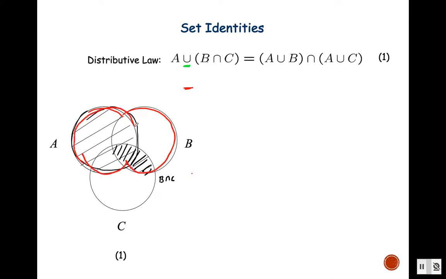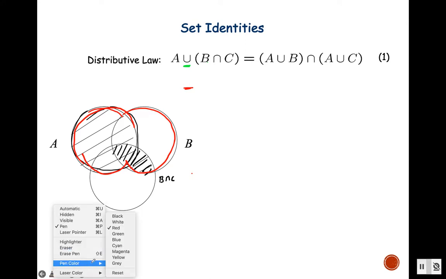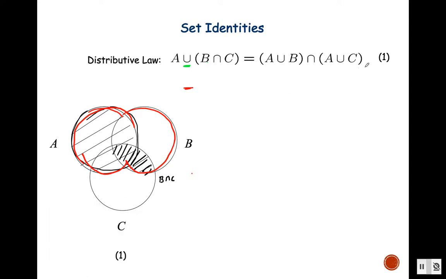So this is our A union B. Okay, A union C is A, so this is our A union C. So the blue is our A union C and the red is our A union B.